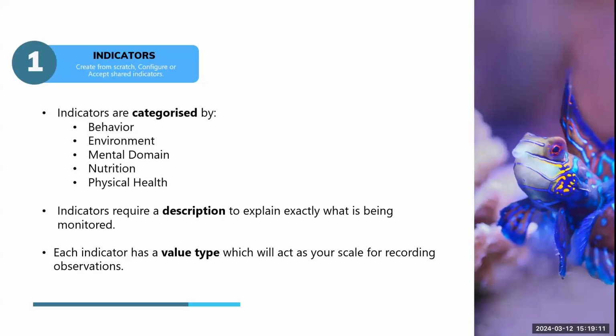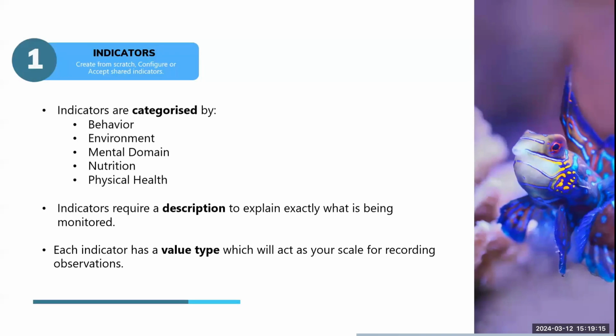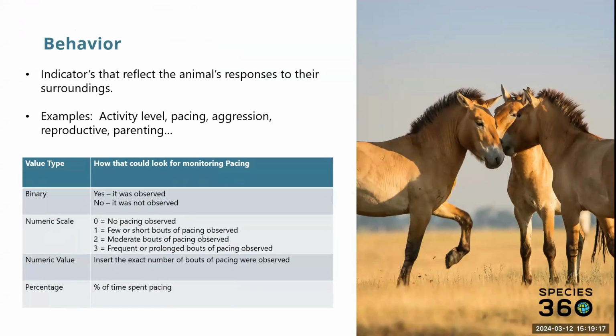Next, we'll take a closer look at the types of things you might create indicators for. So, as I mentioned before, for each indicator you create, you'll choose a category based off the 5 domains. In the behavior category, you could assess things like activity level, pacing, aggression, as well as reproductive or parenting behaviors.